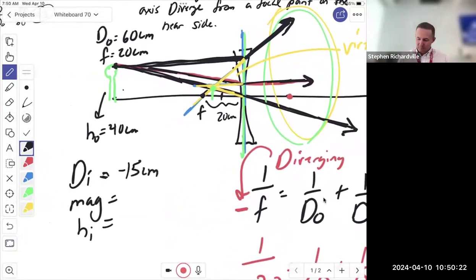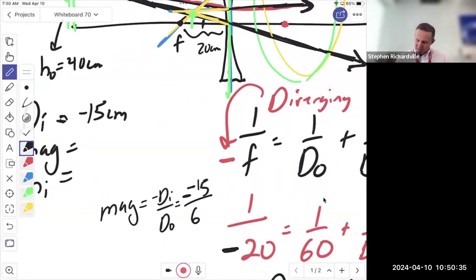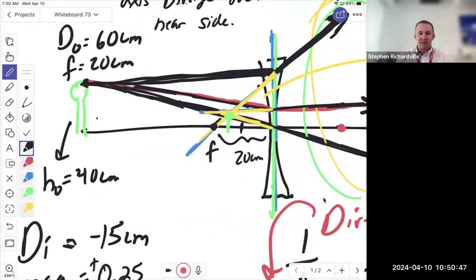Watch my mag. My mag, nothing changes, but it's negative DI over DO. Well, what does that mean? Negative 15 over 60. Well, the negative is going to be positive, so 1/4 or positive 0.25. What does that mean? That means positive, the image is upright. There it is.